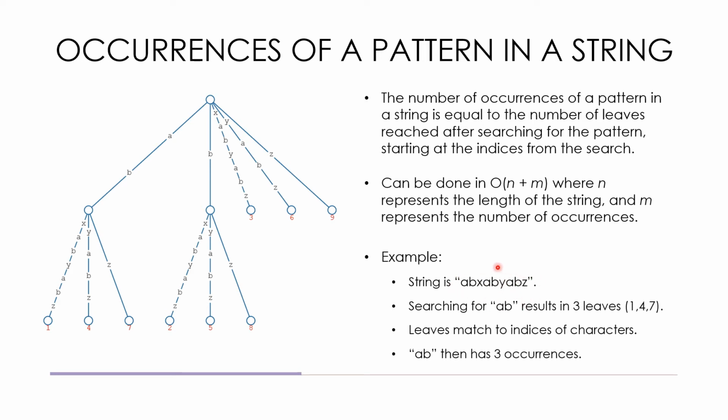So the indices 1, 4, and 7 tell us that there are only 3 occurrences of this particular pattern within the string. And so the leaves match to indices of the characters, and therefore AB has 3 occurrences.